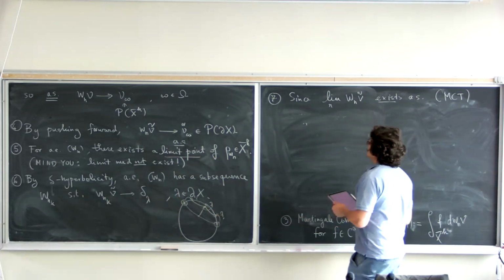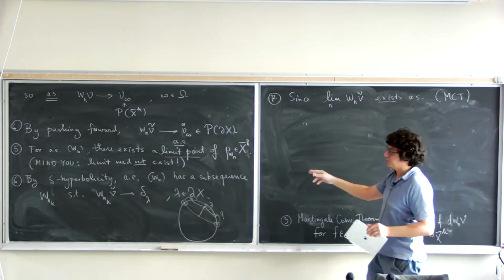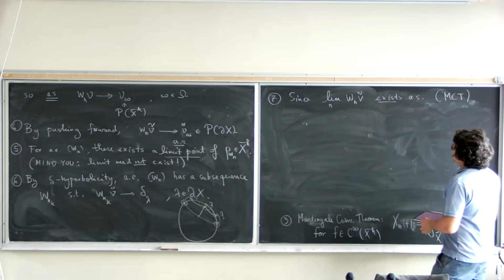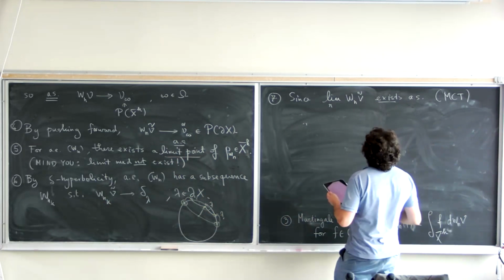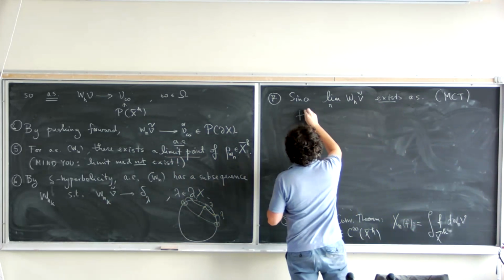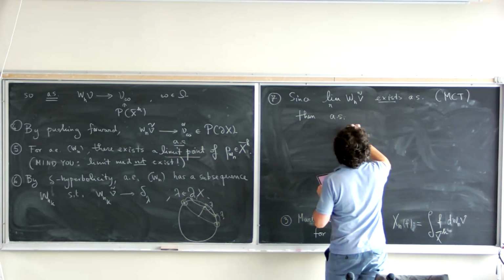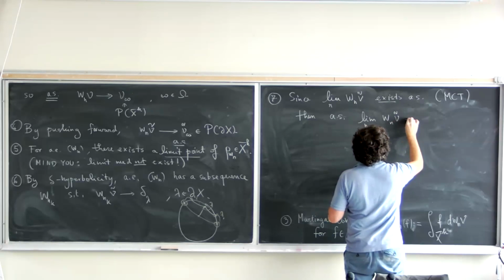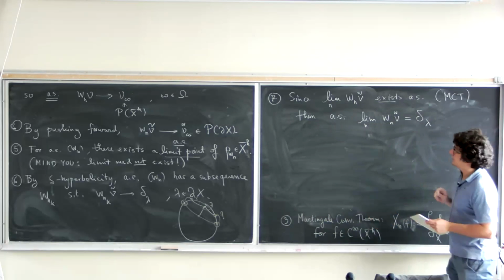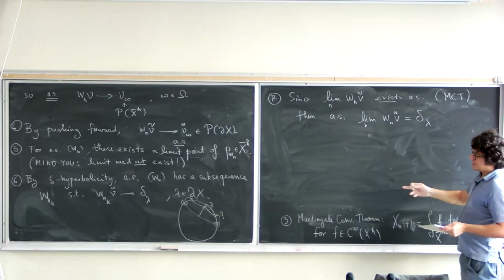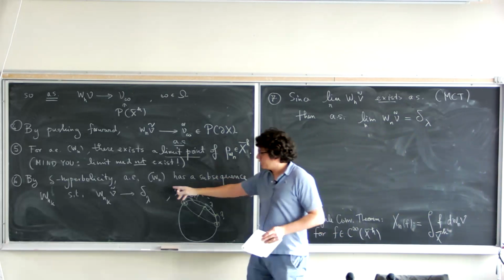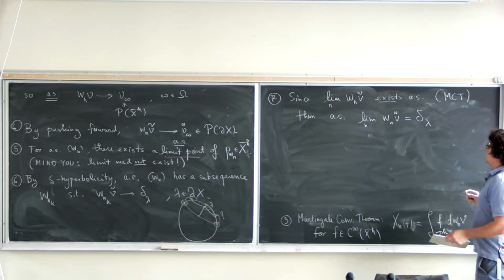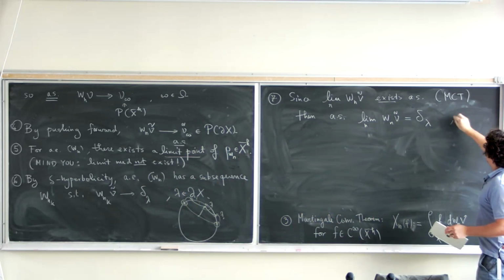So again, the probability tells you that the limit exists, and the geometry tells you that any limit point is a delta mass. These two things combined tell you what the limit is. So since the limit exists, almost surely the limit has to be a delta mass, because we know there's always a subsequence that converges, and so every subsequence converges to the same limit. Okay, and lambda is on the boundary.